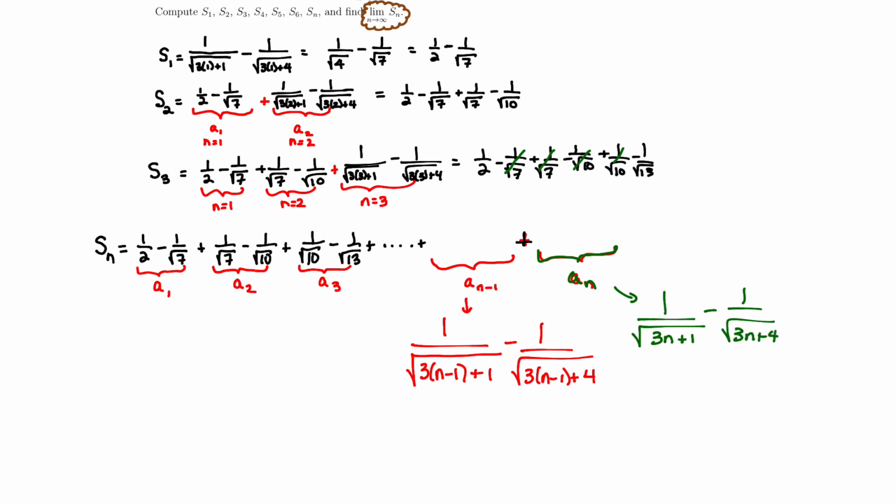So let me put those up. 1 over the square root of 3n plus 1 minus 1 over the square root of 3n plus 4, and the one before it. If I combine this, did you guys get 3n minus 3 plus 1? Did you get 1 over the square root of 3n minus 2, and then 1 over the square root of 3n plus 1? Is that what you guys got for those two terms?